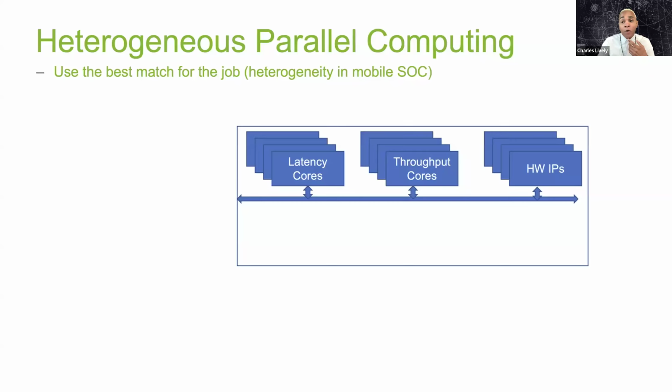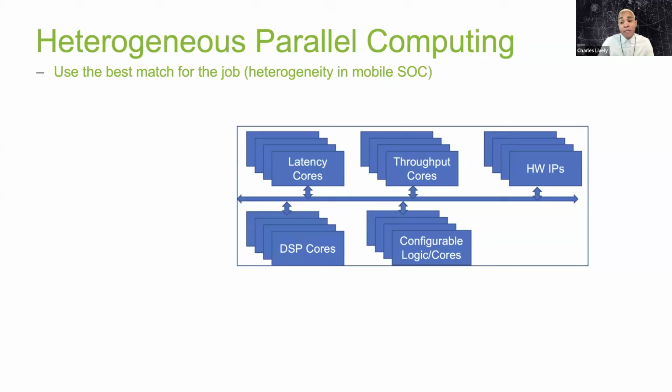And then you also have hardware components that you're able to make use of. So you might have digital signal processing cores and other configurable logic cores that you can make use of as well to get a good exploitation of all of the resources that are available.